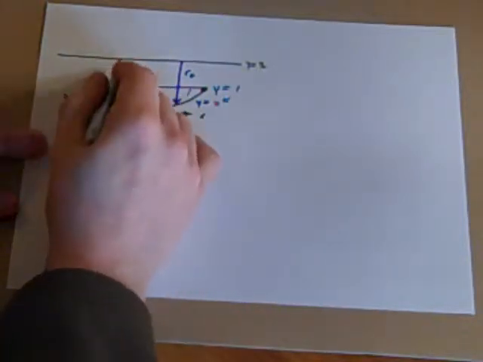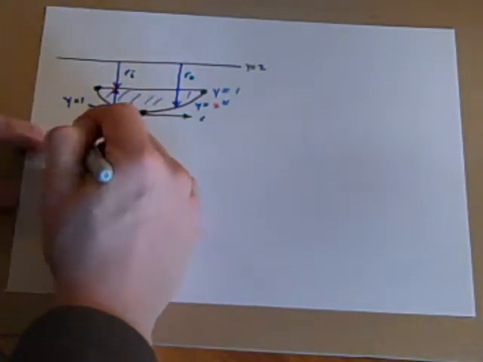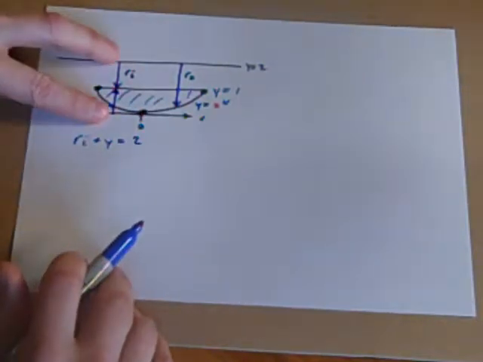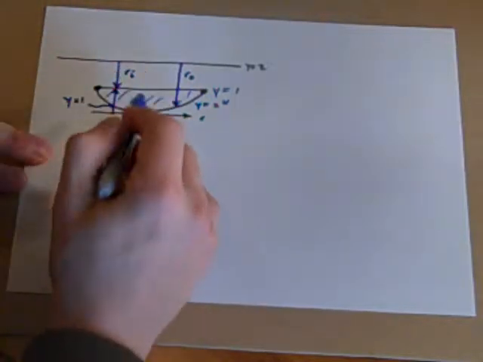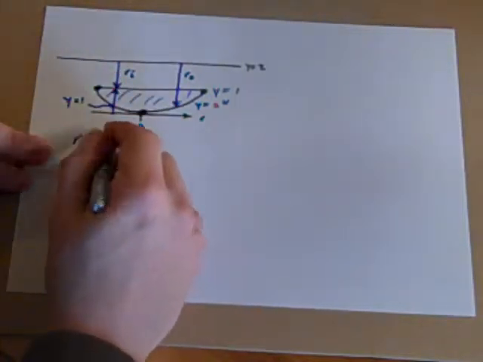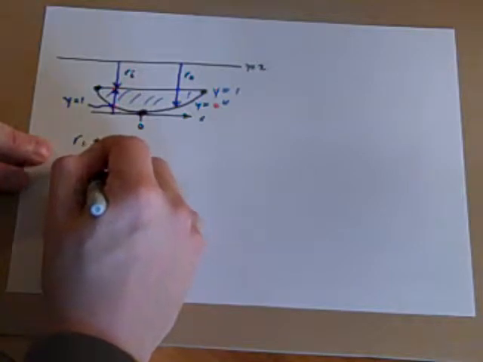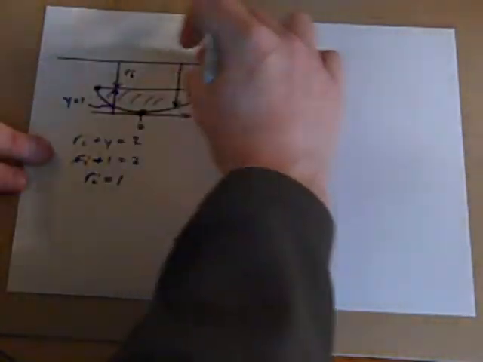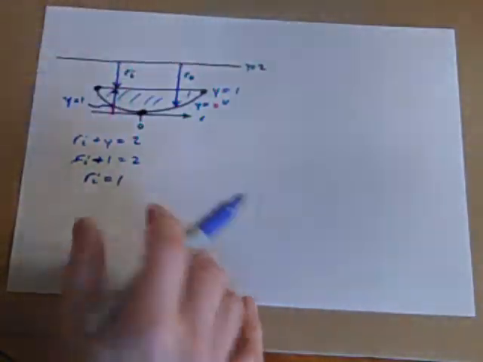So again, I see R_I plus y has to be 2 when I sum those two distances, and they're both positive. But y is equal to 1, so R_I equals 1. And you can see that R_I is 1. It stays the same the whole way here.